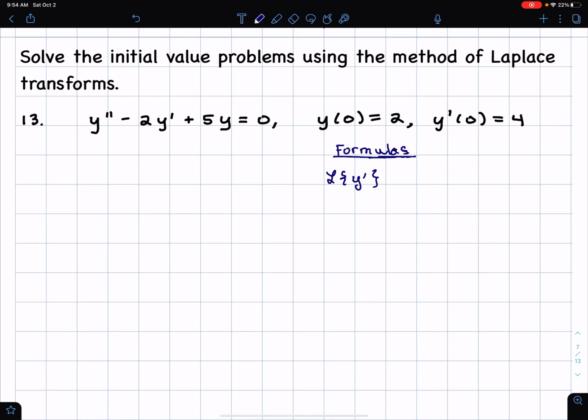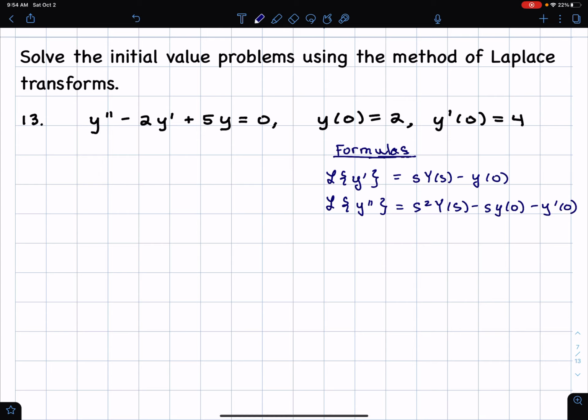But we're going to use a formula that the Laplace transform of y prime is equal to sY(s) minus y(0), where capital Y is the Laplace transform of little y. And then we have the Laplace transform of y double prime equals s squared Y(s) minus s y(0) minus y prime of 0.